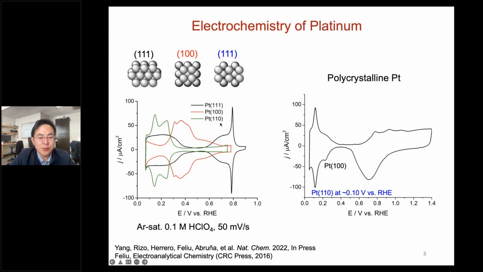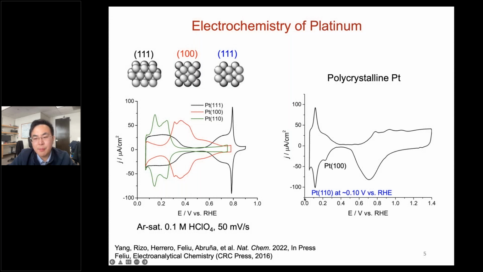So here I'm going to show you an example. On the left is cyclic voltammetry of platinum single crystals, which, as you can see, depends on the surface phase. You see distinctly different features for platinum 111, 100, and 110.